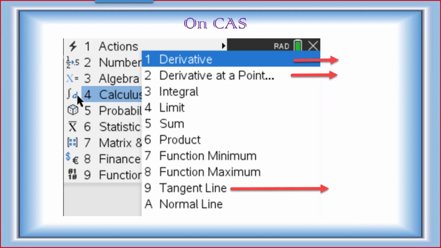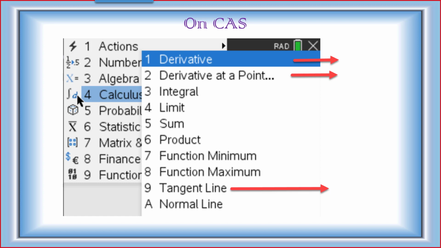So I'll just show you here. Number 4 is calculus, and under calculus, the first option is derivative. The second option is derivative at a point, and then the 9th option is finding the tangent line. So these 3 are the ones that we are going to use.